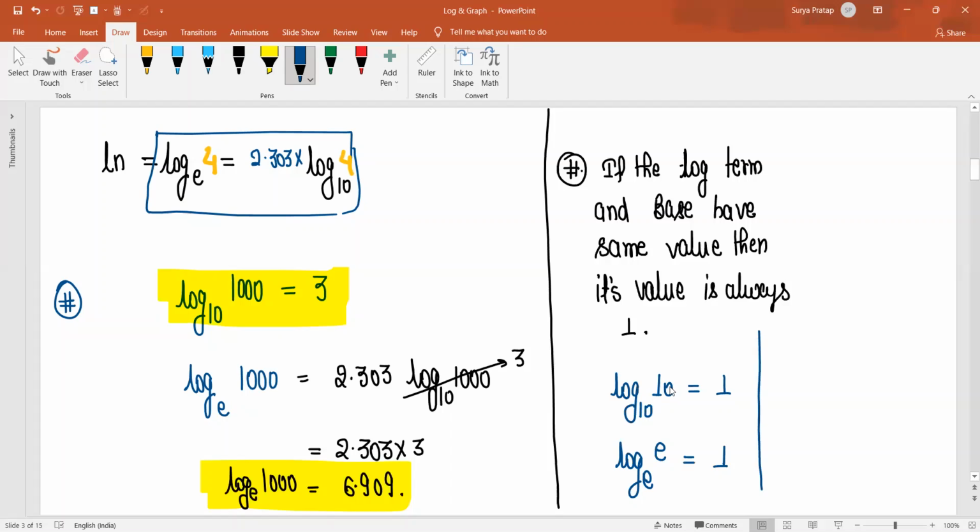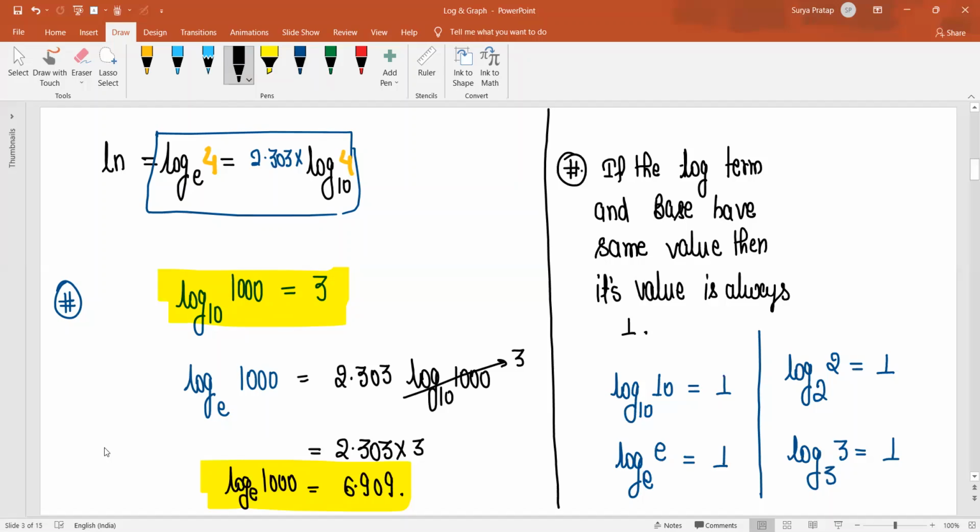Even with any base, if the base and term are the same, like log base 2 and 2 is also here, this is also 1. If it is log base 3 and 3 is here, this is also 1. So now I think you have a very clear idea about the base, and the difference between base 10 and log e.